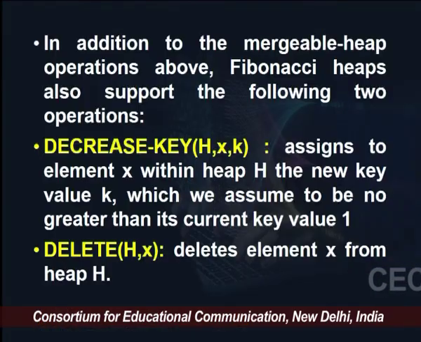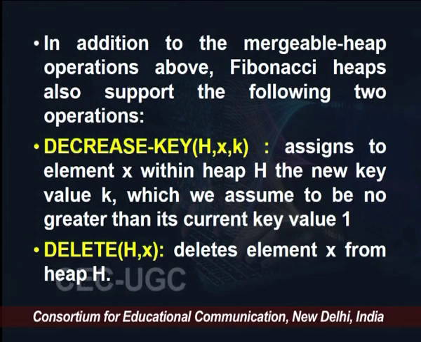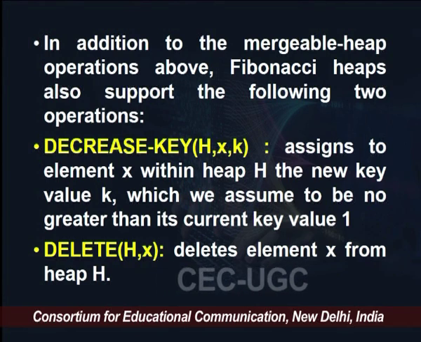So, decrease key takes 3 parameters. One is h, the heap, or the pointer to the heap. Another one is x, which assigns the element x within heap h the new key value k.